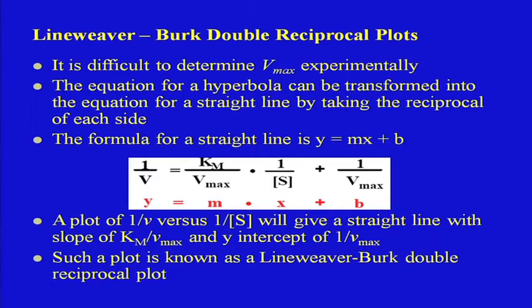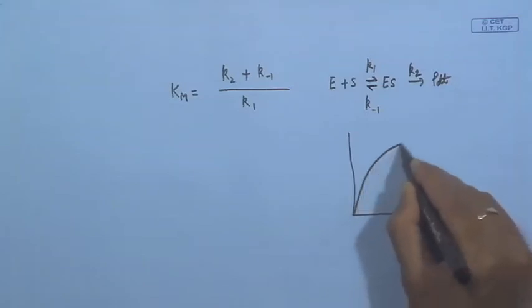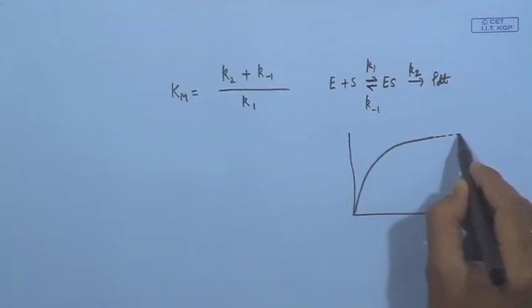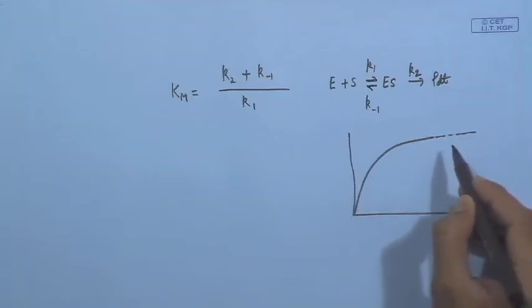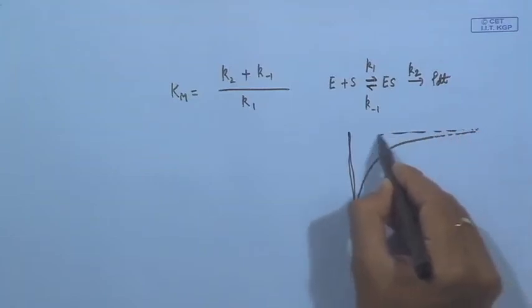Experimentally means just finding out the velocity of the reaction, and it is difficult since, if you look into this graph, it is asymptotic, rising and rising. So, experimentally, where to draw this line from is difficult.